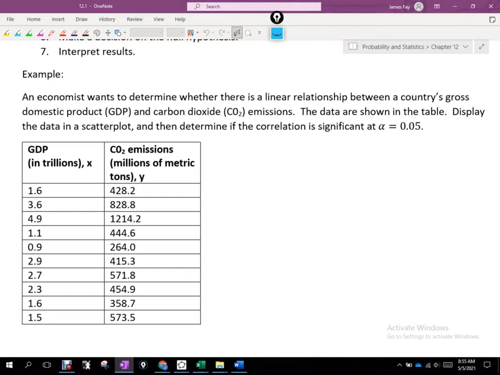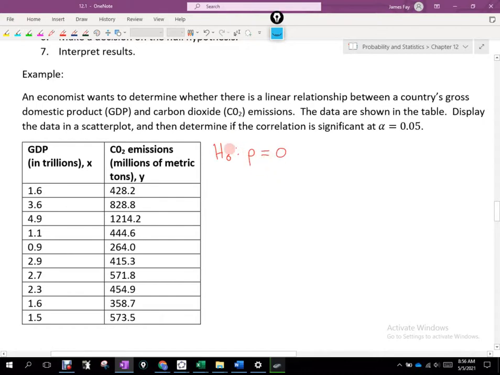So the first thing we're going to do is set up our hypotheses. H sub 0: rho is equal to 0.